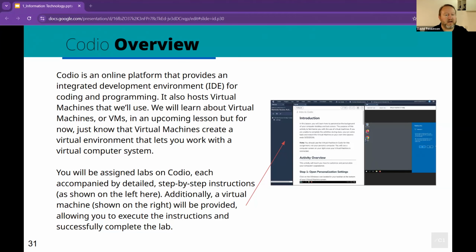And the labs you will be able to access, and they will have instructions there. So you can see that you have an introduction to the lab that will tell you some details about the lab. And then you have an activity overview, and then we'll give you a set of steps. So it's kind of a handheld step-by-step that will say, go into the control panel, change this particular item, see what it does, and we can carry out those little items.